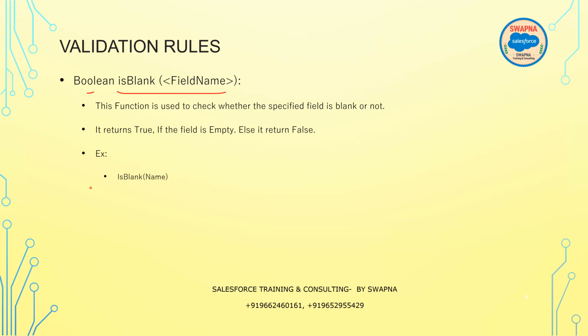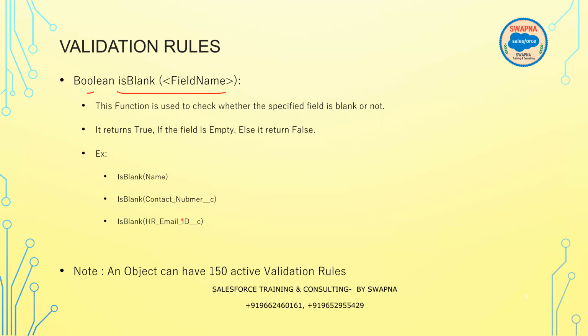So an example is IsBlank name. That means in the name field, do we have data or not? IsBlank contact number: in the contact number, do we have data or not? IsBlank: do we have data in the HR email ID or not?